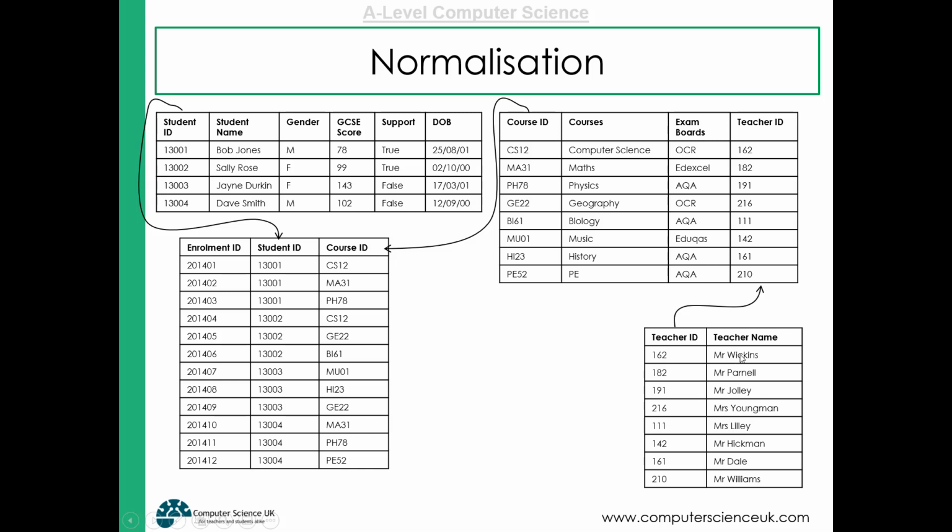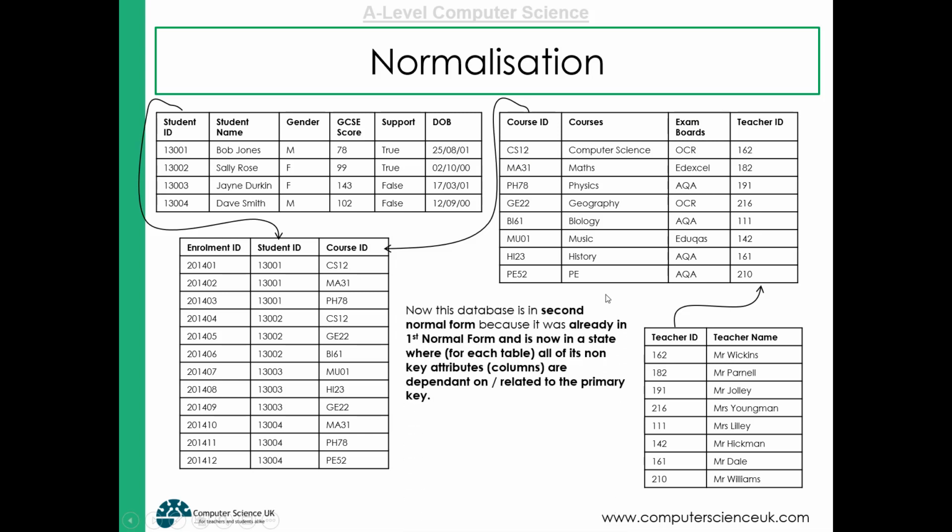Because now that we've got our teachers separated, if a teacher was to teach more than one course, then their ID could be placed in the appropriate record. Much better doing it that way than having to repeat teachers' names over and over again. So if we want to go to second normal form, it's about all of the attributes in each table depending only on the primary key.